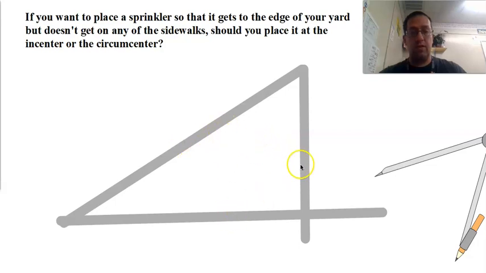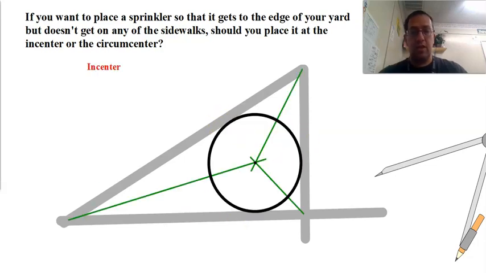We want to go all the way to the edge without actually getting over the sidewalk, right? So which one is the same distance to all the sides? Well, that is going to be the incenter right there. So that right there is where you're going to put your sprinkler. Now, of course, your corners aren't going to get watered, but you've got to figure out something else for that. But this is how you put it right there.